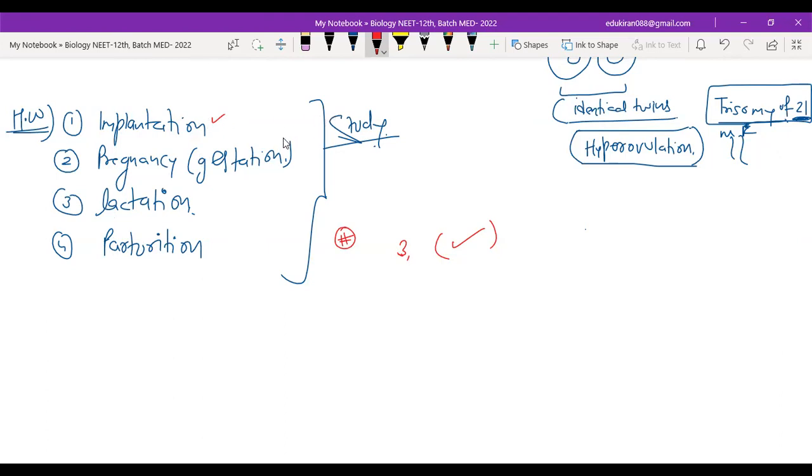The function of placenta is to provide a link between mother and the baby and produce hormones to keep the pregnancy ongoing. And towards the very end, when parturition is about to begin, the role of placenta also comes. Then there is something called fetal ejection reflex. So write this down and just read it from NCERT.